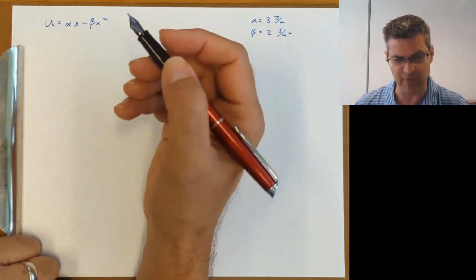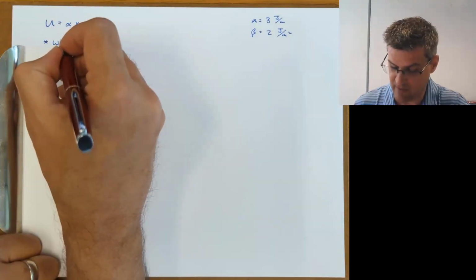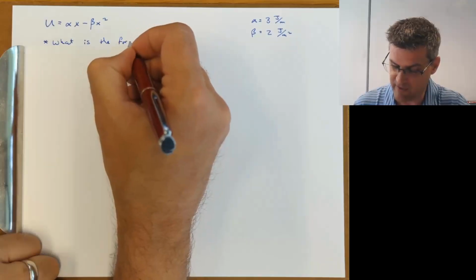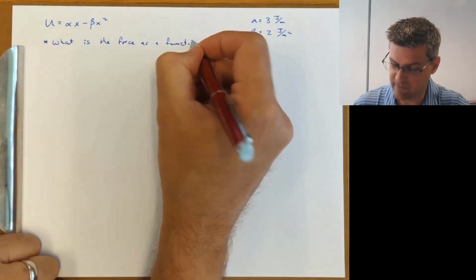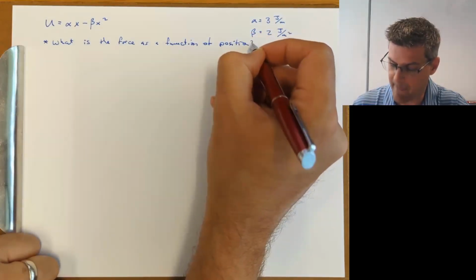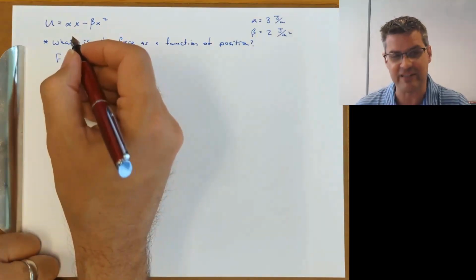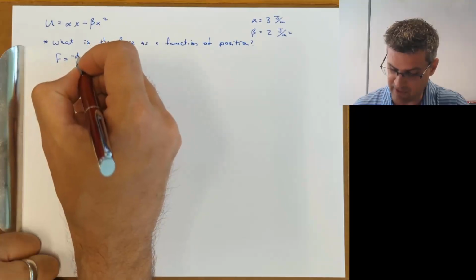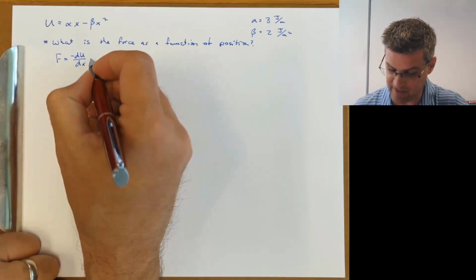Now maybe first I want to find out what the force is. What is the force as a function of position? And so to calculate force, and this is just going to be an x component of force because we only have x's, we're going to be looking at the change in potential energy as a function of x.